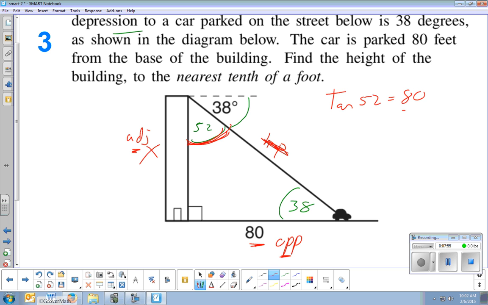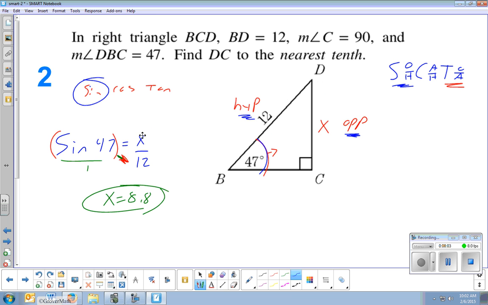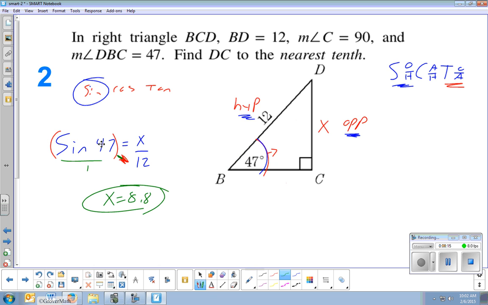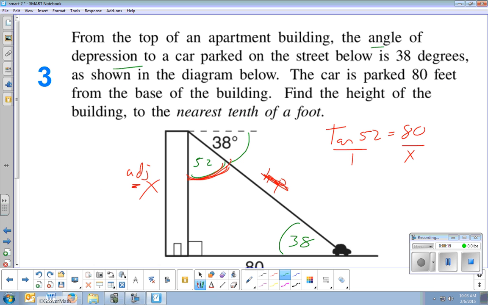80 over x. Put this over 1 and cross multiply. You may notice this question is slightly different because in the previous one, x was in the numerator of our fraction, but here it's in the denominator of our fraction. It's not a big deal. We're still going to cross multiply, but you're going to have one extra step because here we had 12 times sine 47 when we cross multiply, but this time we have x times tangent 52.